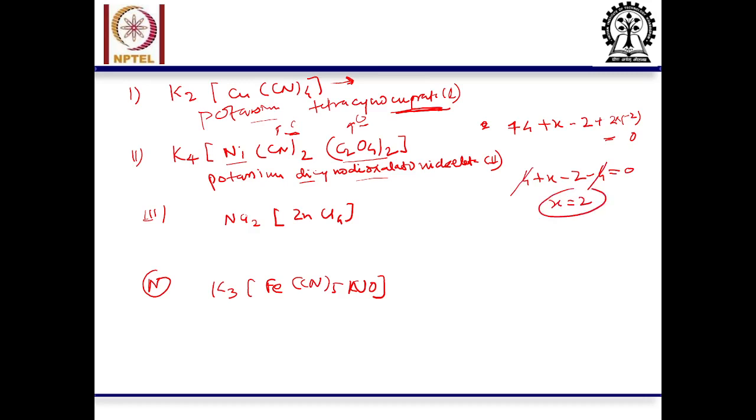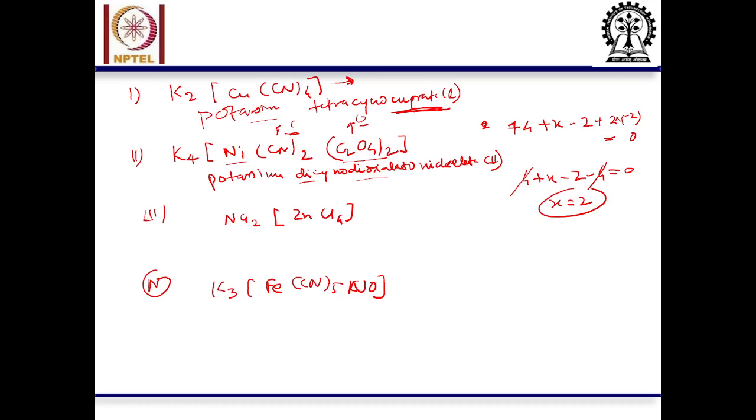So that's why you have written nickelate 0, but here nickel is in the plus 2 oxidation state. Potassium dicyanobis... dioxalato. Okay, so wherever the name is written incorrectly, I think so.